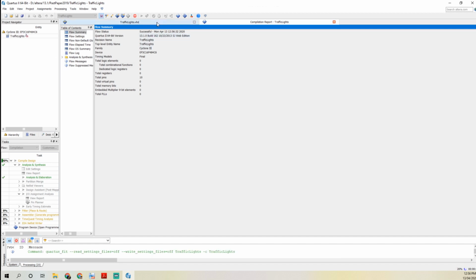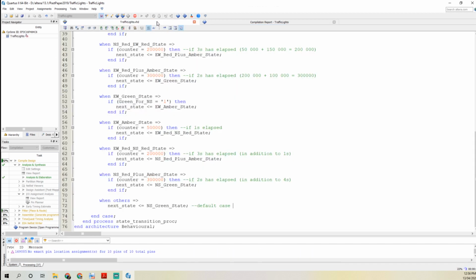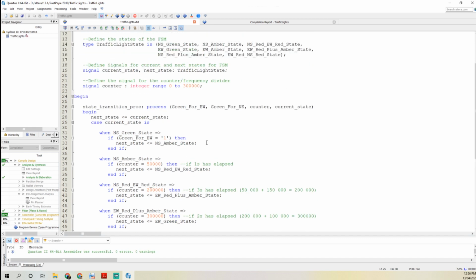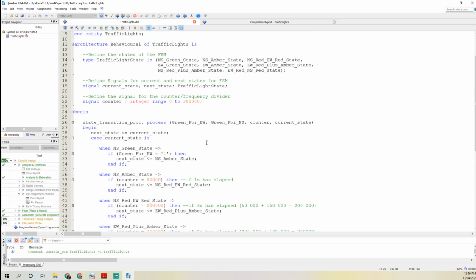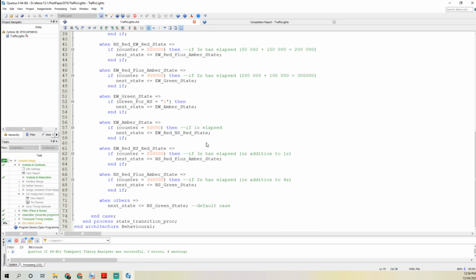Okay, everything seems to be syntactically correct, which means that we can go on to the next process in this architecture here now.